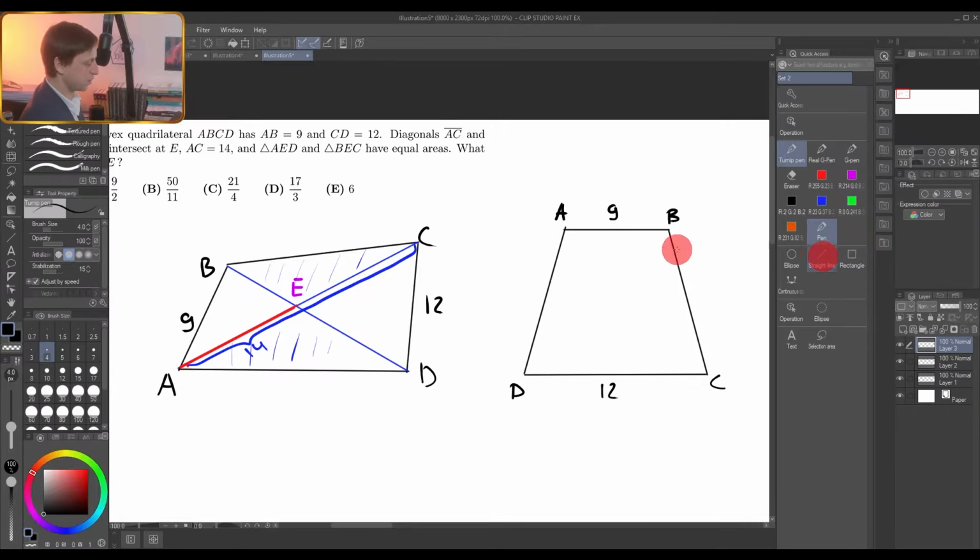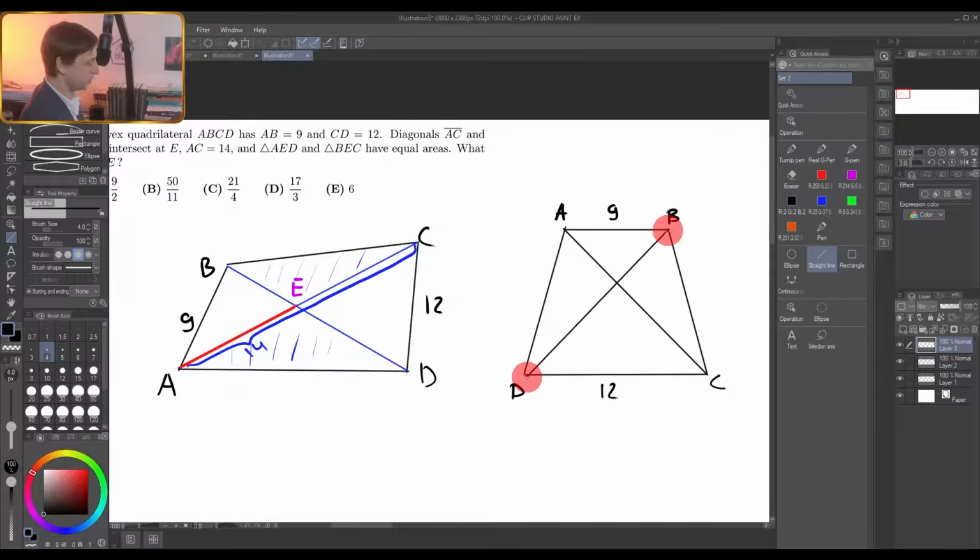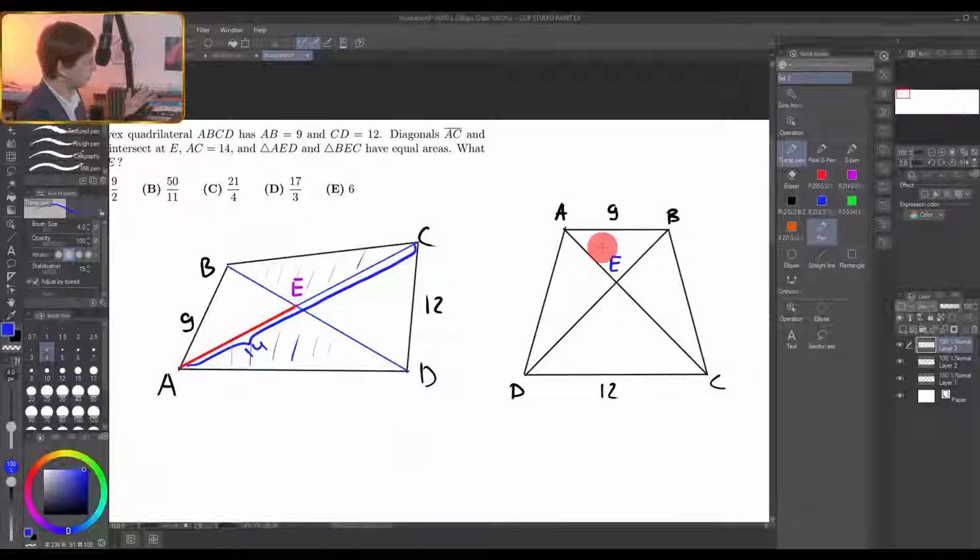So we have here diagonals AC and BD, they intersect at the point E. In geometry, it is absolutely normal that sometimes you have to redraw the picture or separate some part of the picture and draw it separately. Okay, and now we know that diagonal AC equals 14, and you have to find AE.